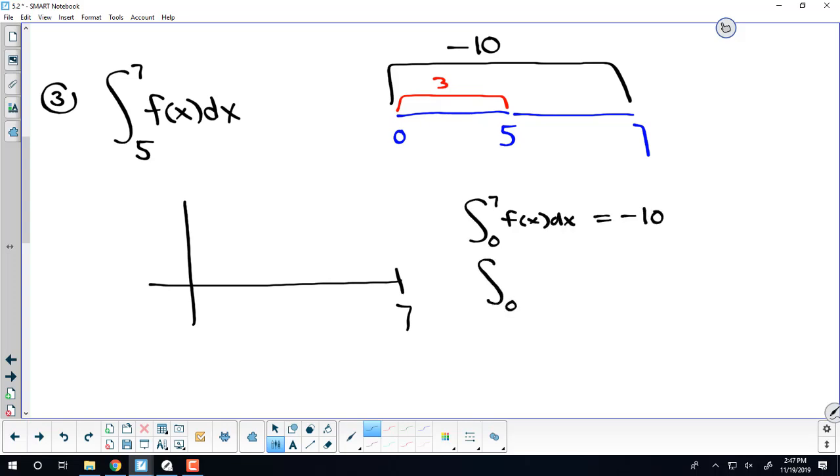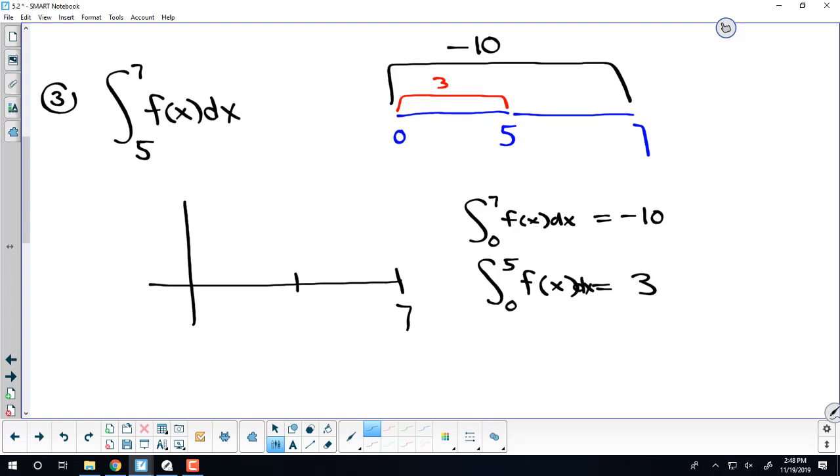The only other piece we know is that the net area from 0 to 5 has to be 3. If the integral from 0 to 5 is +3, all I know is that it has more area above the x-axis than below.